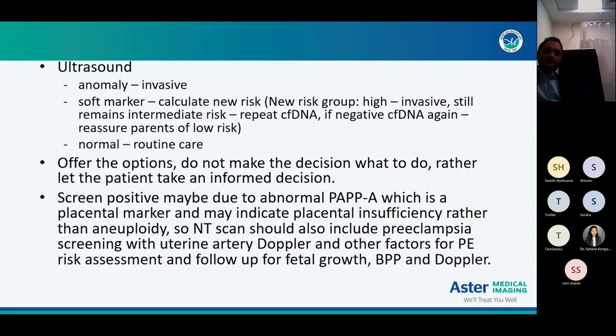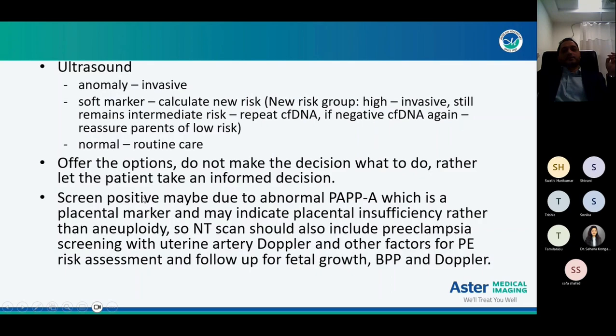On the other hand, if the patient says, okay, I want a safe test, not a risky one where there is risk of miscarriage, then they can go for NIPT or the other screening methods. So it depends on the patient's choice. The patient will make the choice. We can just offer them the various options like a cafeteria approach.